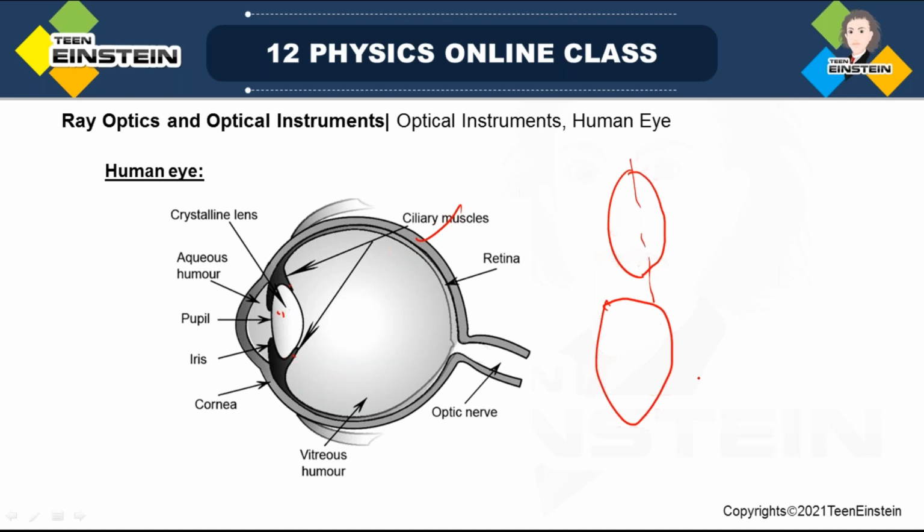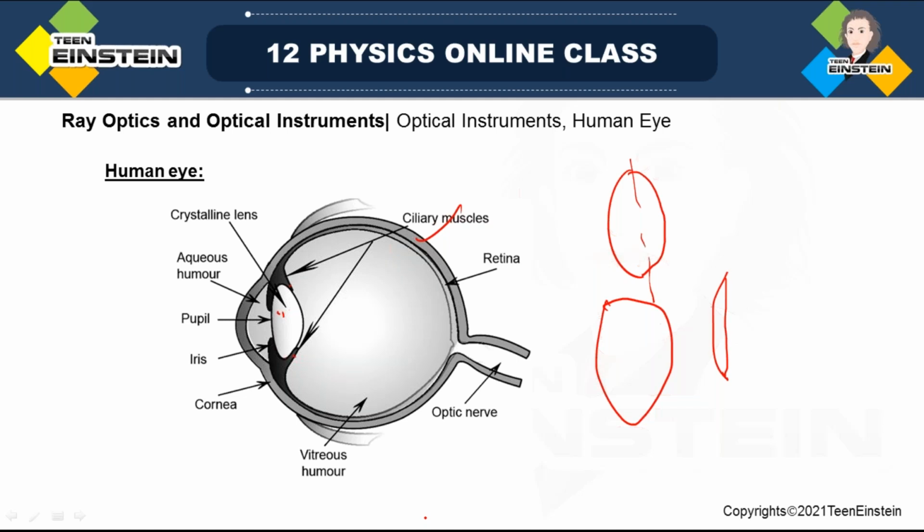Or if you have to see far objects, then the focal length has to be more, so the lens will be thinner like this. So the eye lens becomes thicker or thinner by the action of the ciliary muscles.